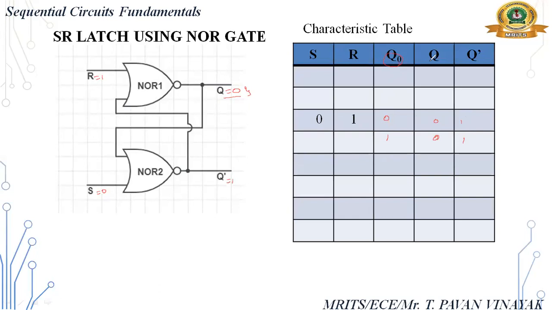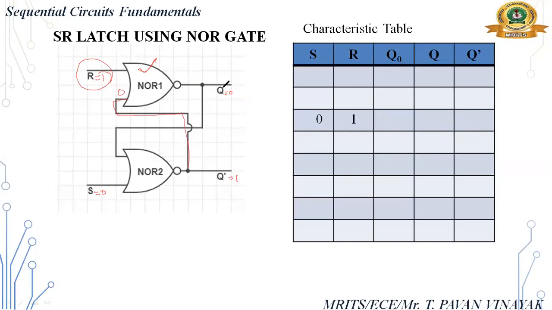Suppose I am taking previous Q as 0. So R is equal to 1, S is equal to 0. Previous Q is 0, means Q bar is 1. Which NOR gate will activate first now? This will activate first because R equal to 1. So Q bar is 1. This goes to here.